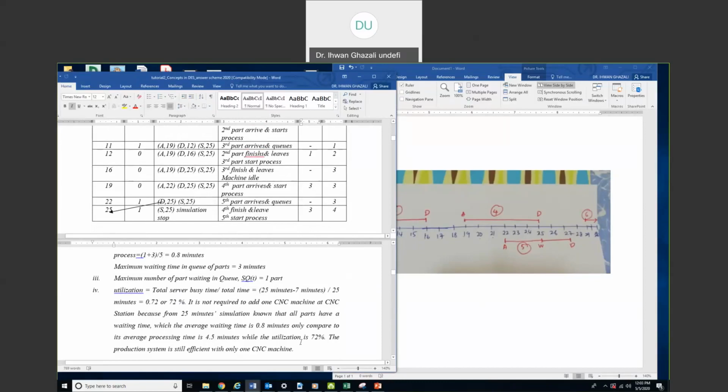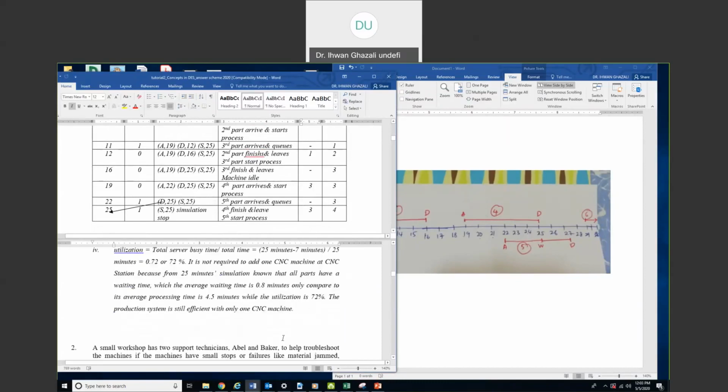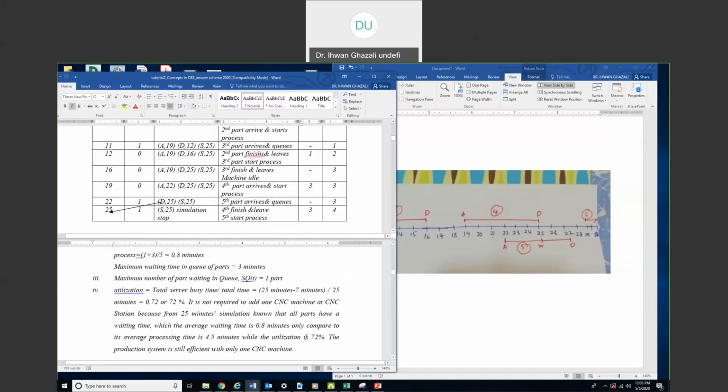While the utilization is 70%, the production is still efficient with only one CNC. So this is the simulation for number 1.